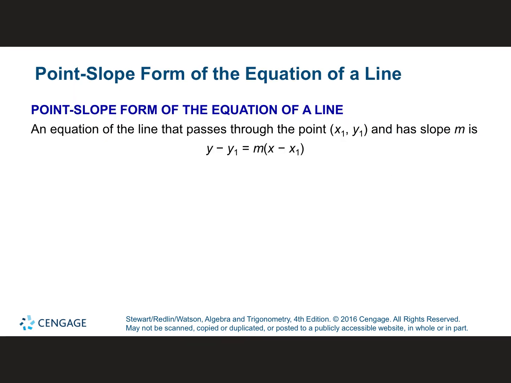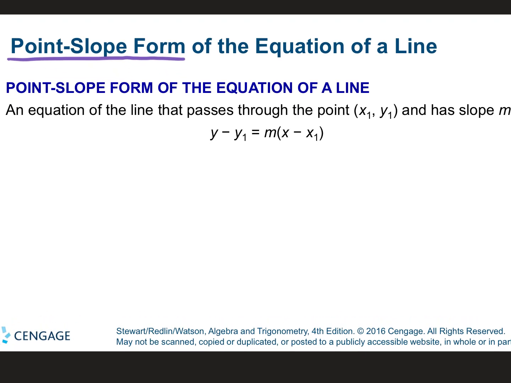All right, we have a couple equations for a line. The first one we're going to look at is point slope form. Point slope form is y minus y1 is equal to m, our slope, times x minus x1, where x1 and y1 are a point, and m is the slope.